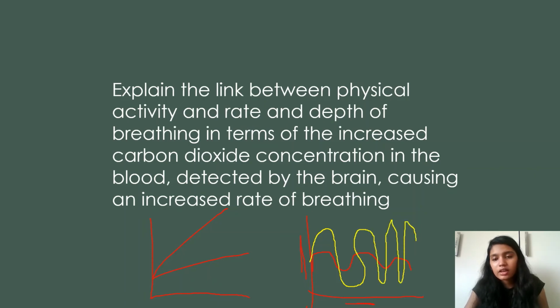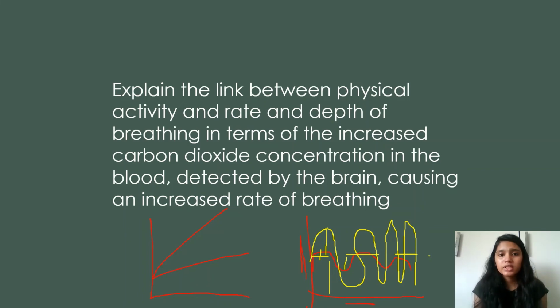In the red line, you can see there are 3 waves, but in the yellow line, there are 4 waves. So more waves in the same amount of time means the rate of breathing, the number of breaths per minute, has increased. And the depth of breathing has increased because the amplitude of the wave has increased. Look, this is much bigger than this, okay? There's a huge difference. So that's your rate and depth of breathing.